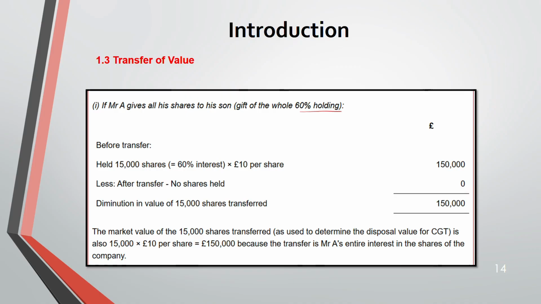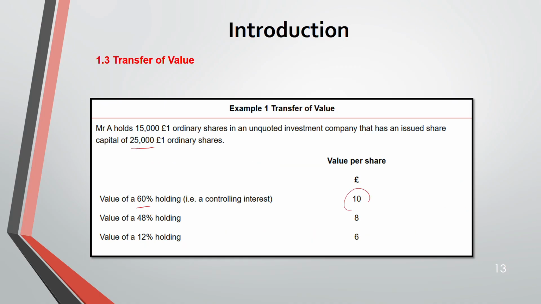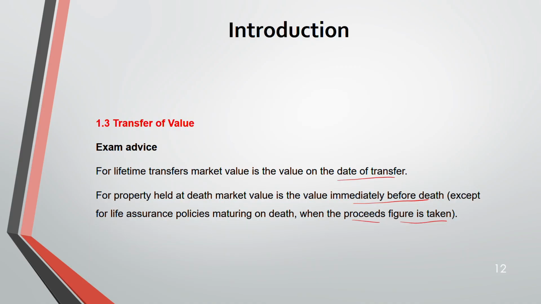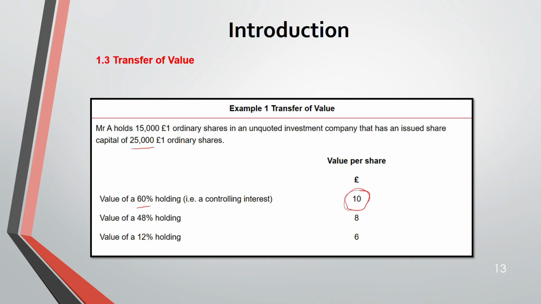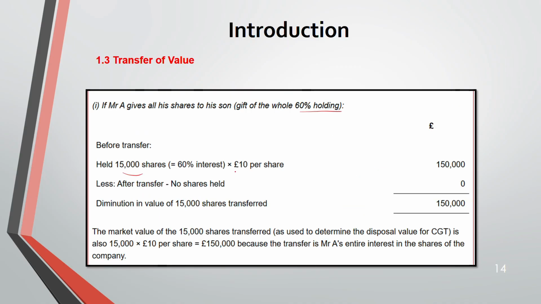Then the value at 60% holding is 10 per share. He's holding 15,000 shares. Before gifting, he has 15,000 into 10, that is the 60% interest. This is before transfer, 150,000.